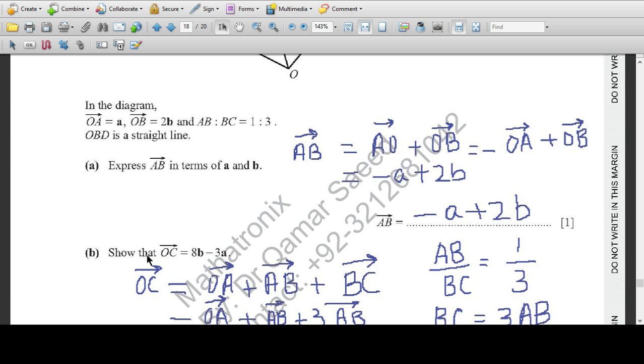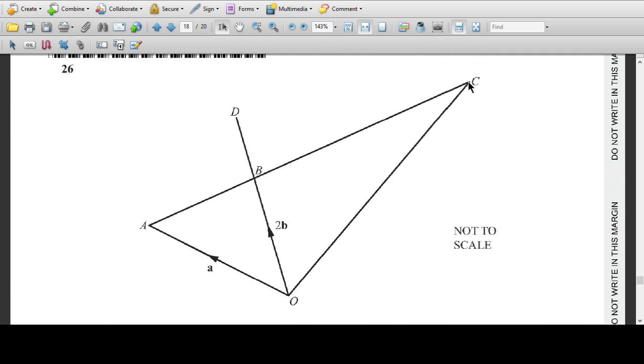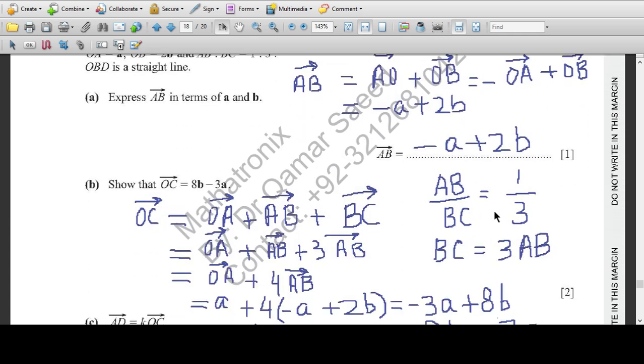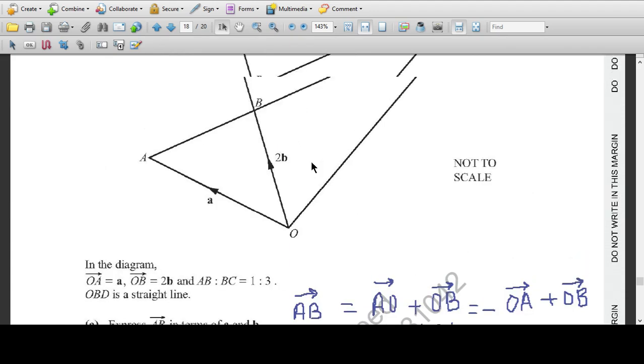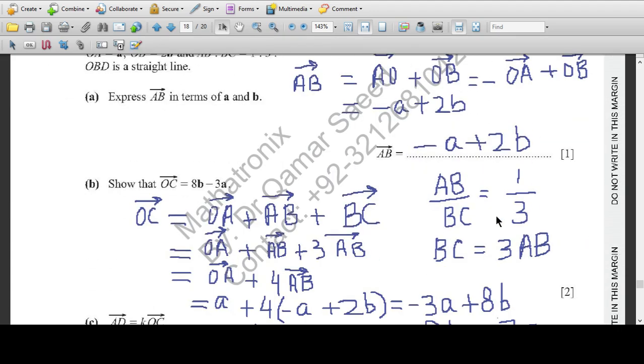Part B. Show that OC is equal to 8b minus 3a. This OC is equal to OA and AC. So this AC is basically AB and BC. So AC might be written as AB plus BC.